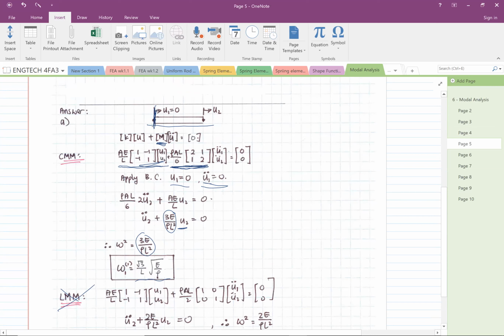When something is stuck to the wall, there's no velocity and no acceleration, so the second derivative of U is also 0. You multiply the matrix, and you get the U2 acceleration term plus U2 times AE over L equals 0.